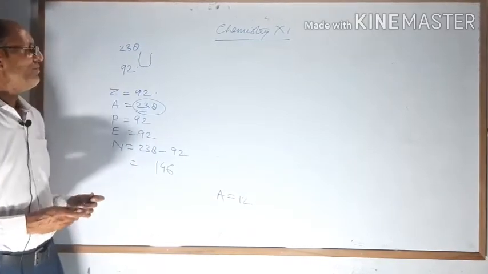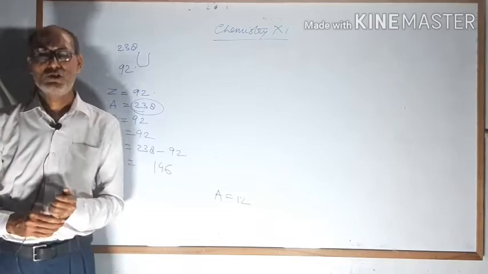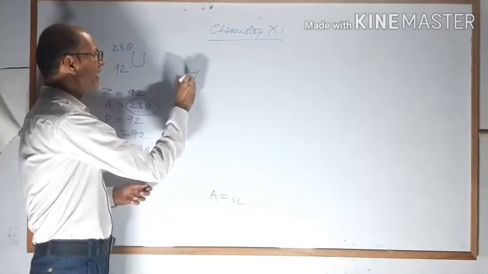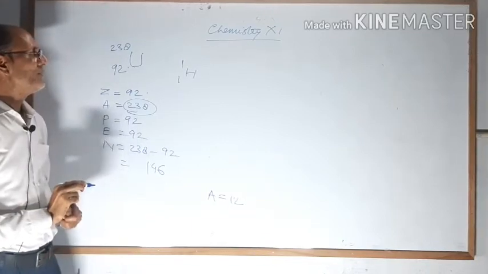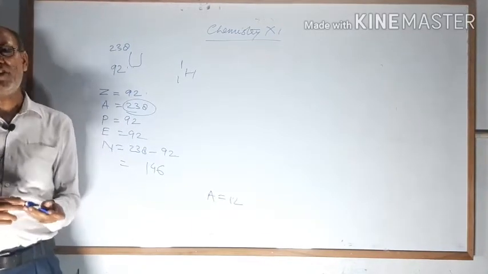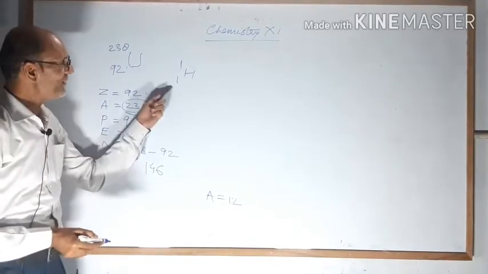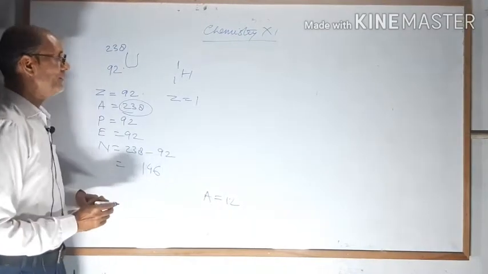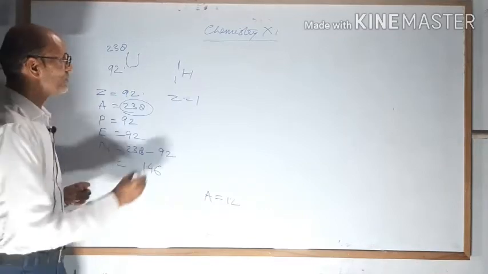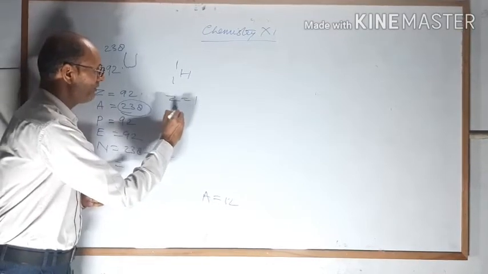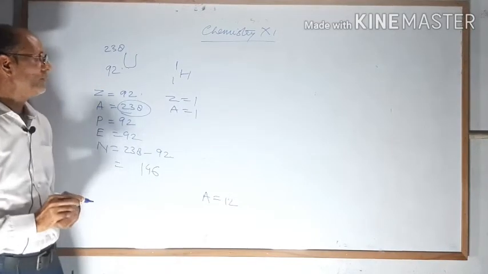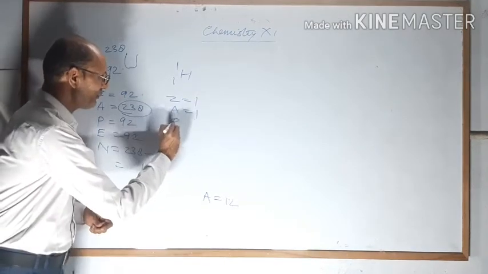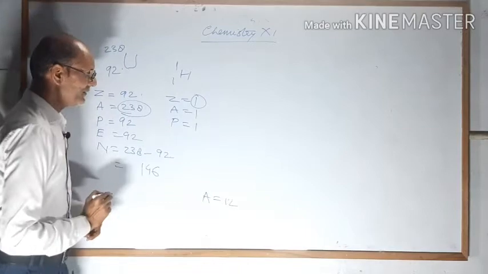Students, when we start from hydrogen, we write the symbol of hydrogen 1H1. This is the first element and the lightest element. What is the atomic number of hydrogen? That is Z equals 1. What is the mass number of hydrogen? That is 1. So proton equals 1 because this is 1.